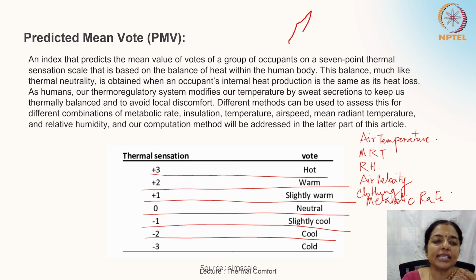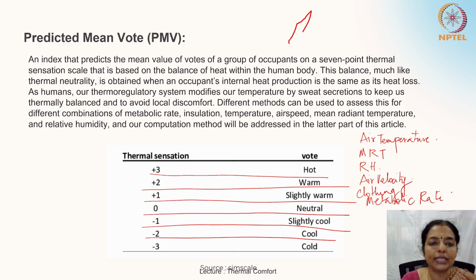So this is an index that predicts the mean value of votes of a group of occupants on a 7-point thermal sensation scale that is based on the balance of heat within the body. This balance, much like thermal neutrality, is obtained when an occupant's internal heat production is the same as the heat loss.